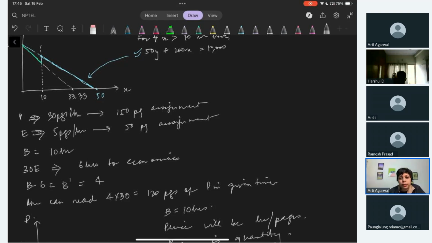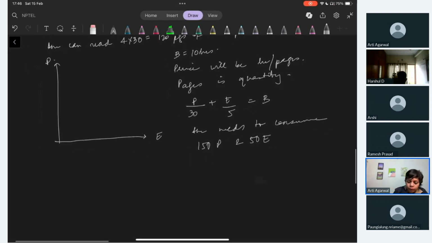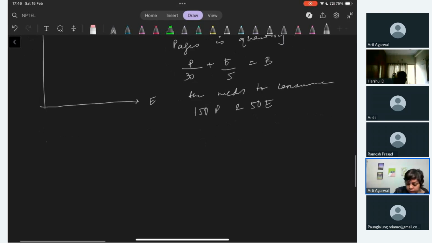Yeah, so now she's saying that she cannot complete all of her assignment, but she wants to complete at least 30 pages. So that is the constraint she has sort of self-imposed, right? Self-imposed constraint is 30 of E, maybe we can write.